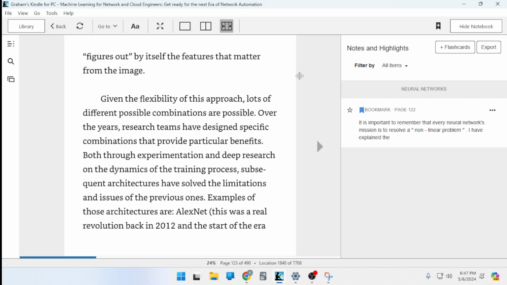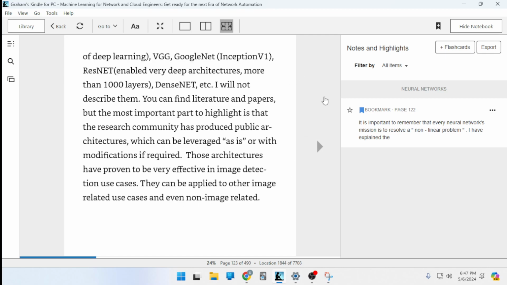This was a real revolution back in 2012 and the start of the era of deep learning. VGG, GoogleNet, Inception v1. ResNet enabled very deep architectures, more than 1,000 layers. DenseNet, etc. I will not describe them.